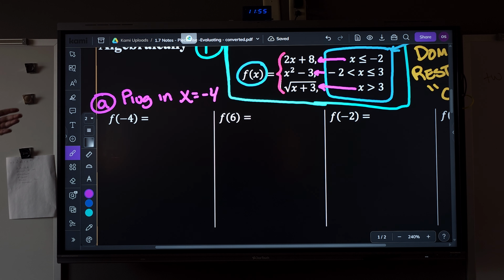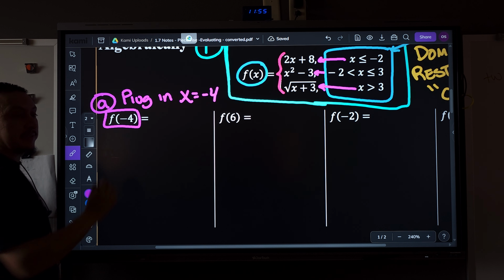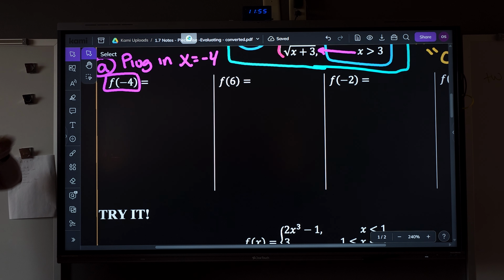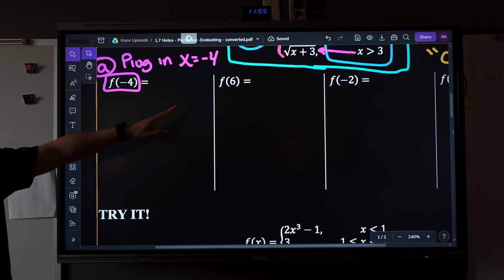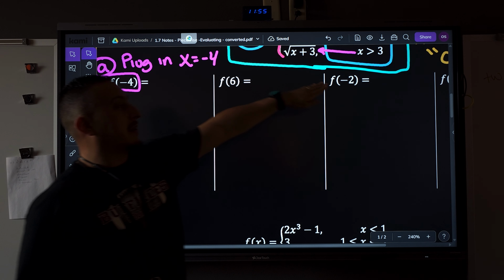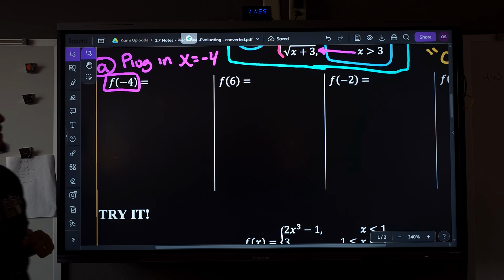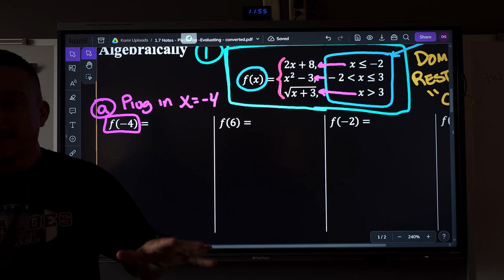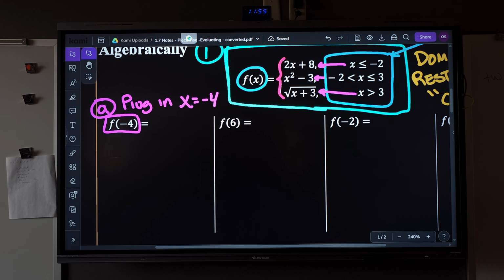Plug it into one of those equations. That's what this means. But so that we don't have to write that every time, we just put f of -4. This is shorter. This says plug in 6, plug in -2. Everybody good on the same page? Because now we're going to get to the next part. I'm going to separate this video.